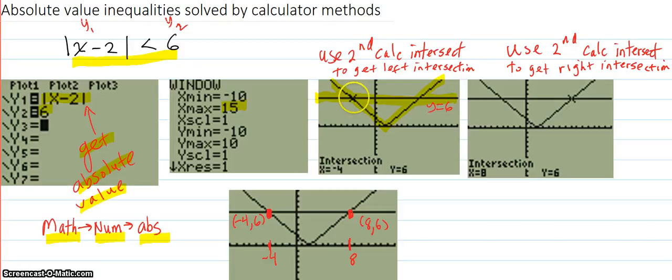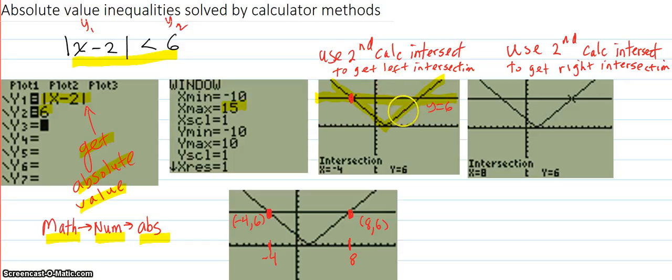Okay, then they intersect in 2 points, and you need to know where those are so you can figure out where it's less than 6. So you do a second calc intersect to get this left intersection point right here.